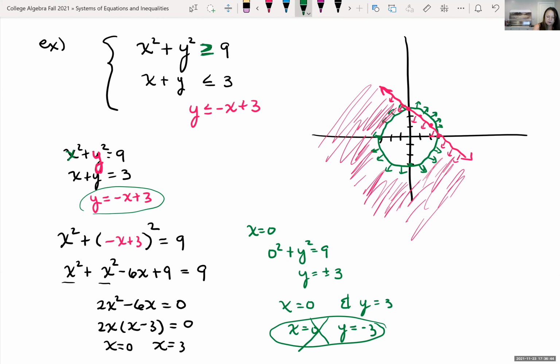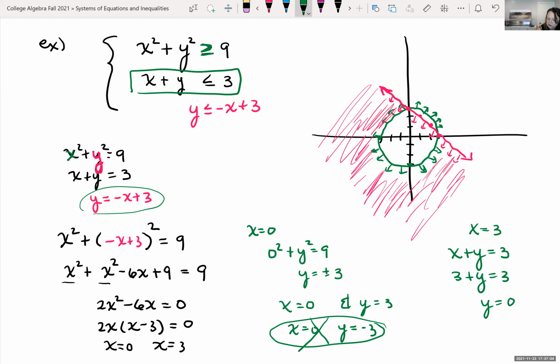Then if we plugged in 3, I see the same type of problem is going to happen because of that square in there. So maybe plug it into x plus y equals 3. When x equals 3, 3 plus y equals 3, so y equals 0. Again, we knew that was a point there. When x was 3, y is 0. When x is 0, y was 3.